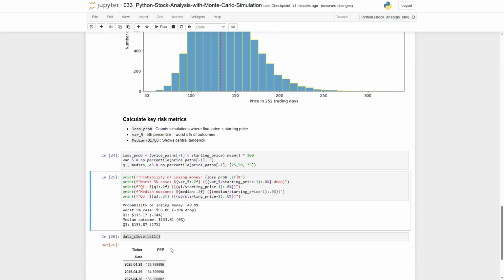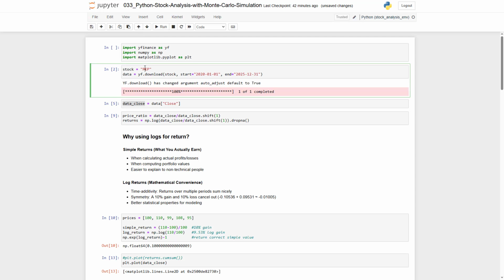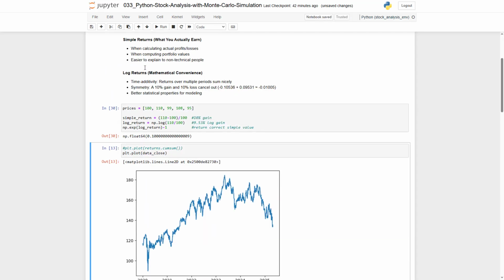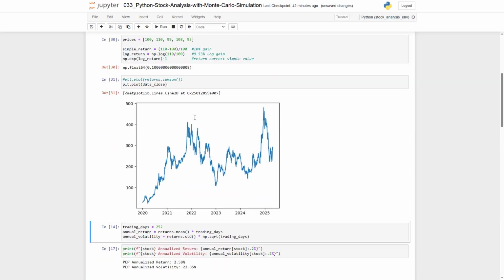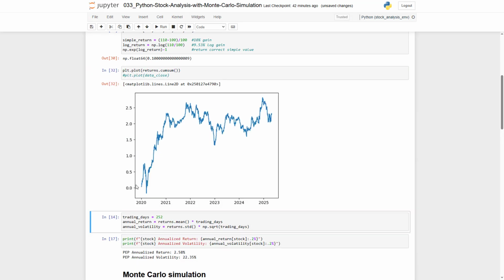The good thing is that with a tool like this you can analyze anything. Let's use another one. I'm thinking about using Tesla. And Tesla is an interesting one. Let's see. Let's run it quickly. This is the data close. And let's take a look at the other one. Yeah. From 2020 up to now, Tesla is doing great.